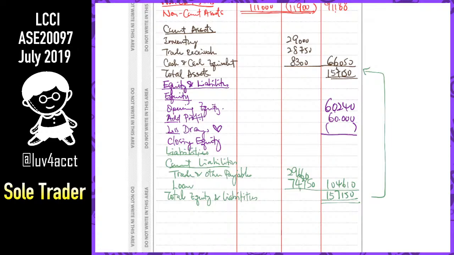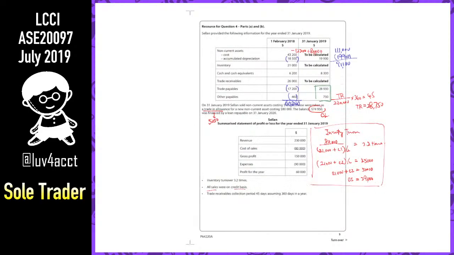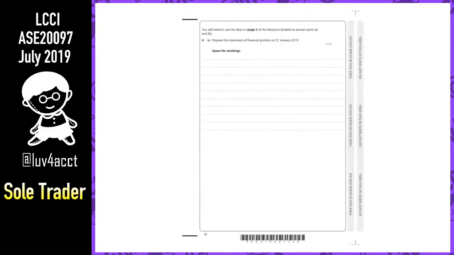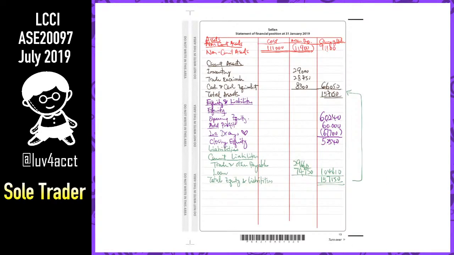So we have 52540 here, and then minus the two items we have. In total we would have drawings of 67700. Done. 15 marks, I think? Oh no, 11 only.